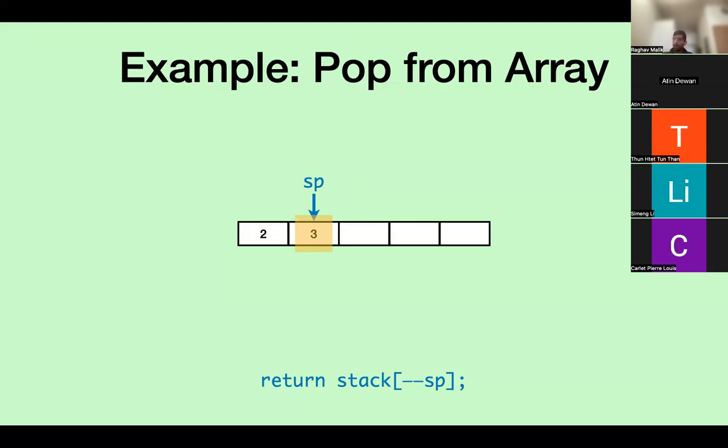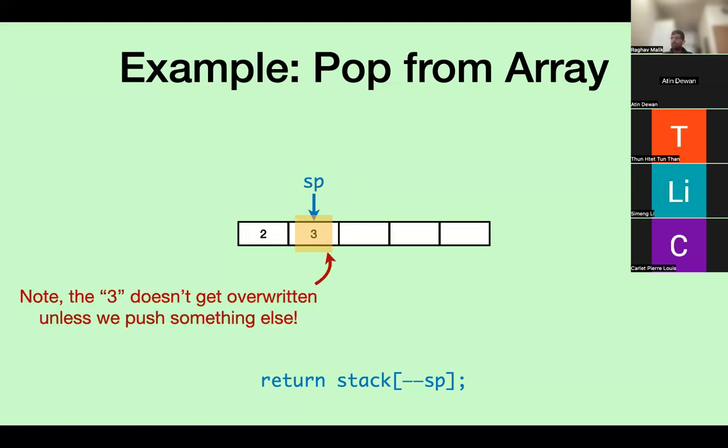But you'll notice no part of this popping instruction actually overwrites the 3. The 3 stays there until we push something else. We just think of the stack as not containing that, because we think of the stack as containing everything strictly to the left of the stack pointer.